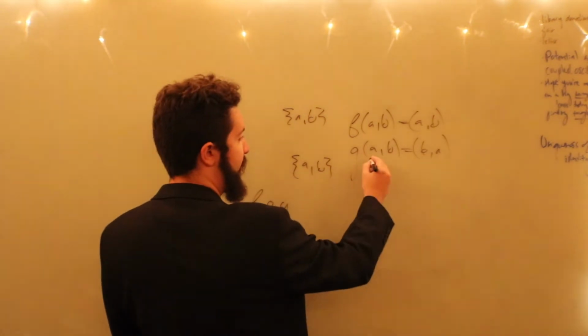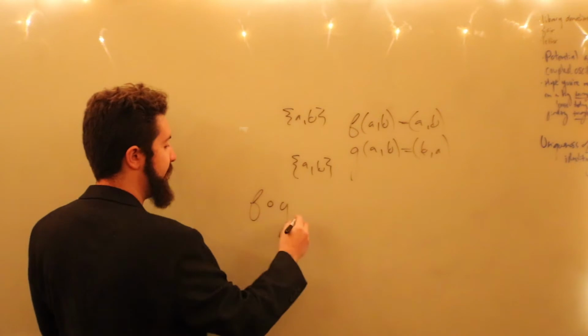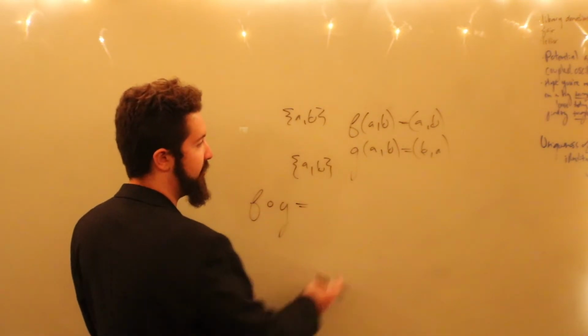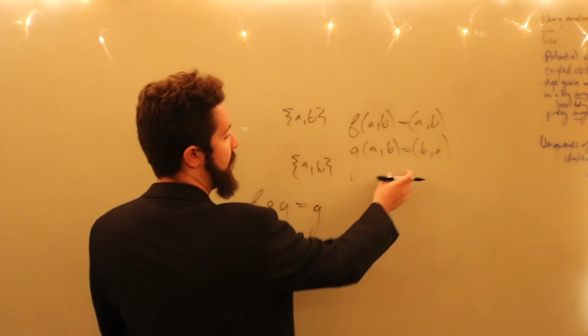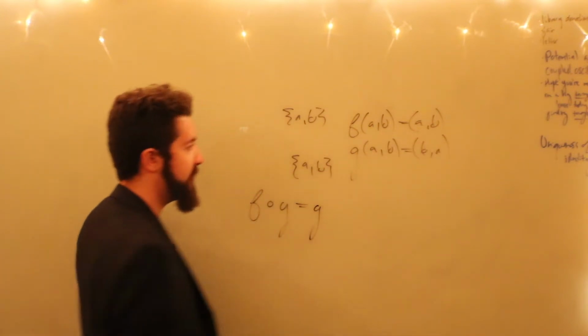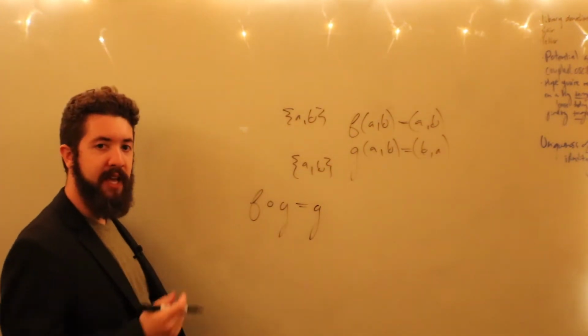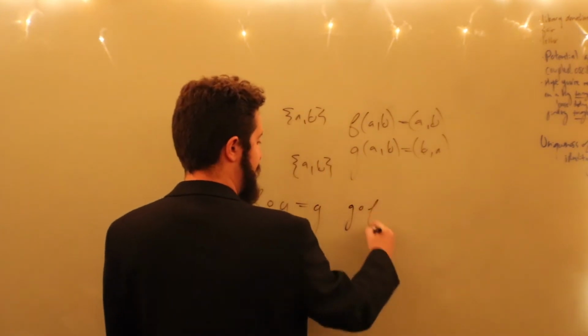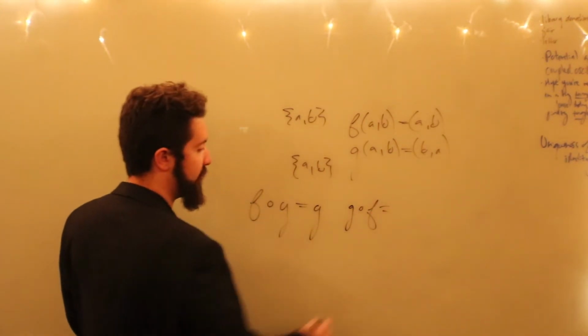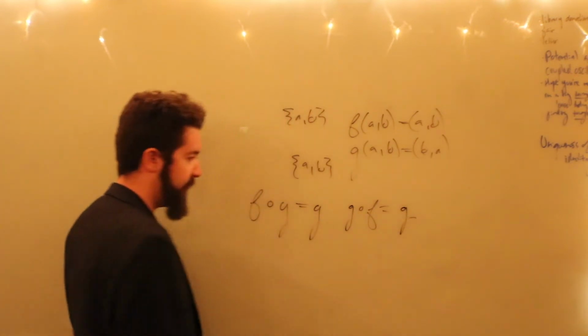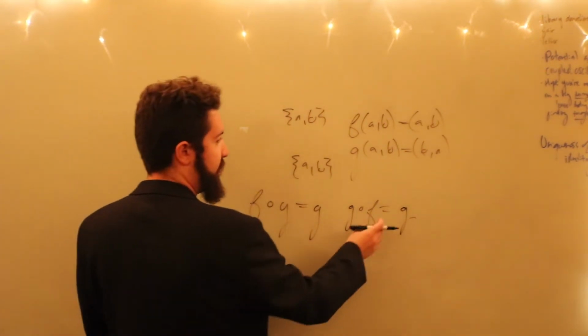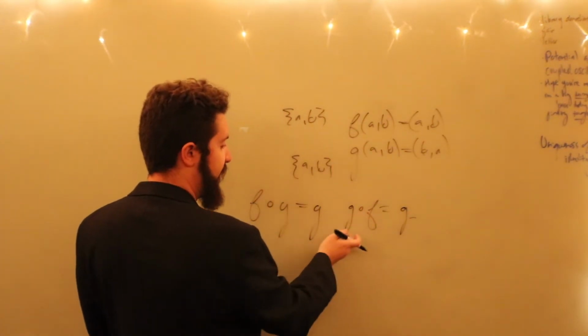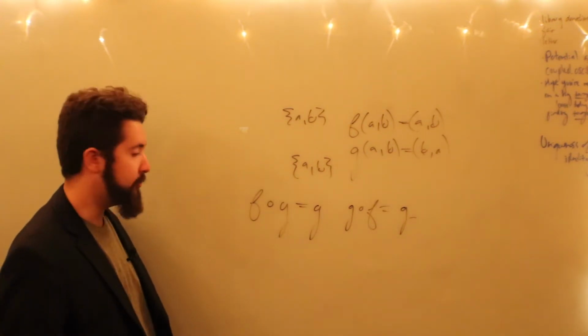Well, it's going to be evaluating G first and then F. And this is going to be the action of just G, because F is just the identity mapping. It maps A to A and B to B. Likewise, G composed with F is going to be equal to, once again, G, because doing the identity map first and then doing G is just going to give you G.